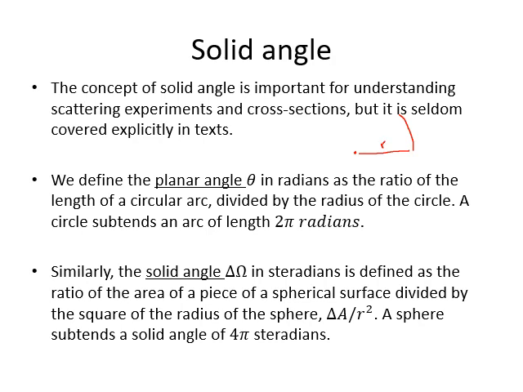Okay, we define the angle theta as the ratio of this distance here to the distance around the full circle that surrounds this. Okay, so this is our definition of theta now.